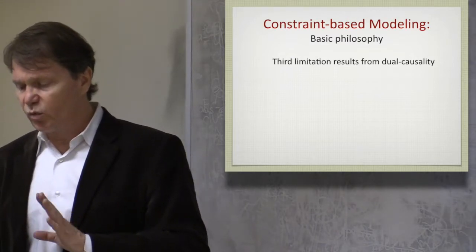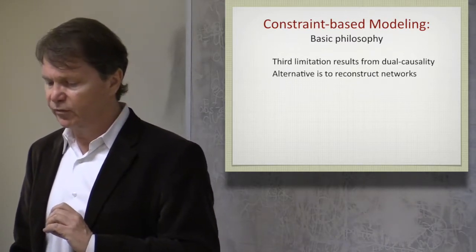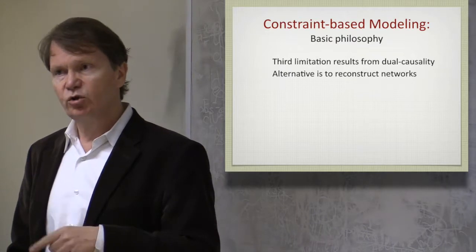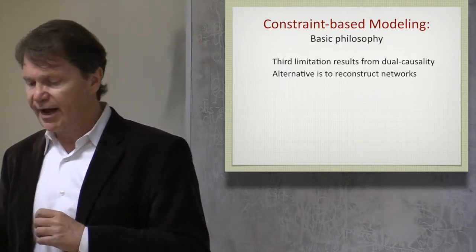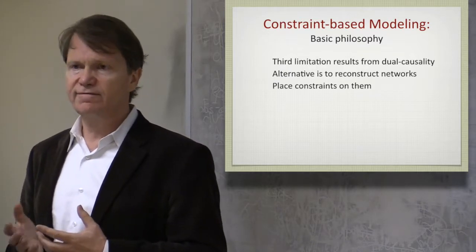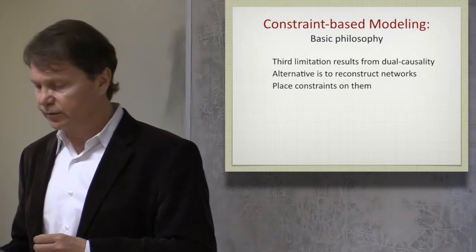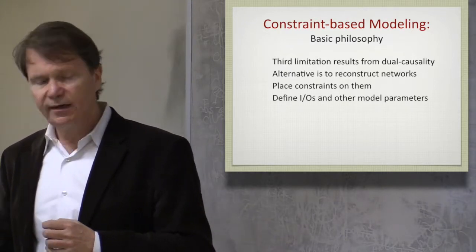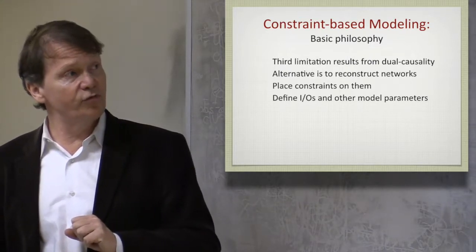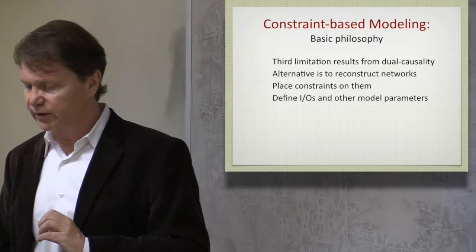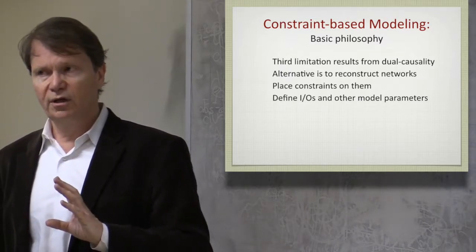One way of dealing with it, or an alternative to building rigorous biophysical models, is to do this genome-scale reconstruction process that we've talked about, identify all the constraints that we can find that limit the functions of that network, define inputs and outputs and some other model parameters we talk about that are relatively few and can be experimentally determined. That gives us a set of solutions, but not just anything.